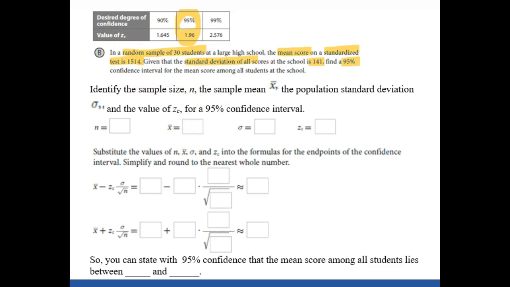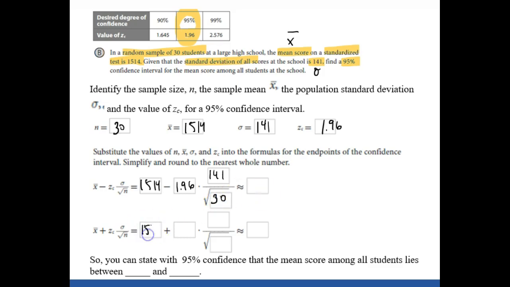So let's identify some stuff first. Our sample size is 30, a little lower. Our mean is 1,514, our standard deviation is 141, and our z-score is 1.96. Let's plug in some values, with our mean being 1,514, our z-score 1.96, our standard deviation 141, and our sample size 30.